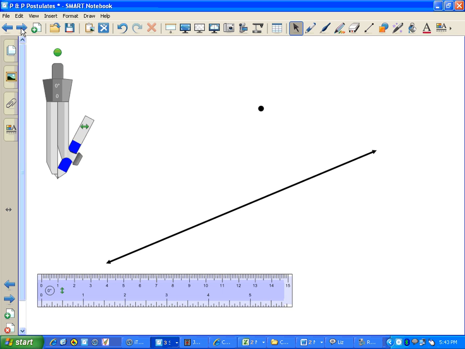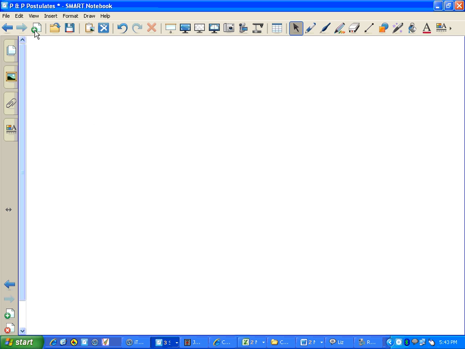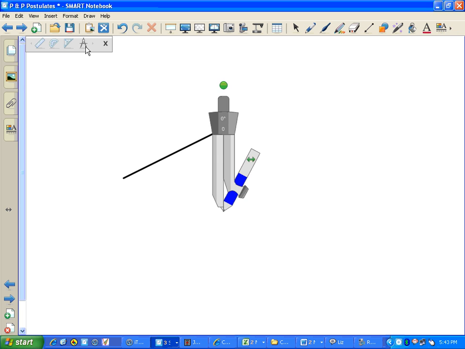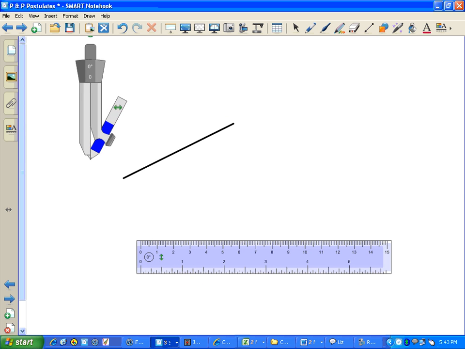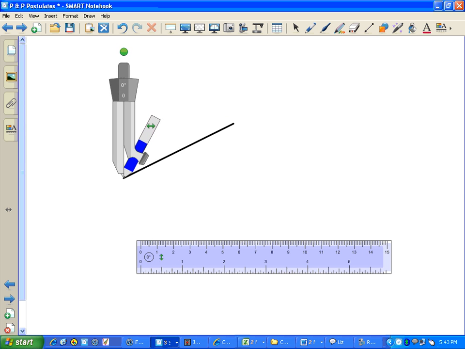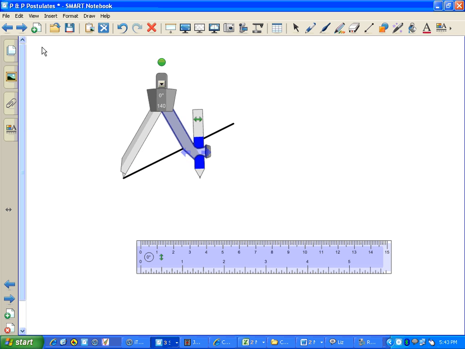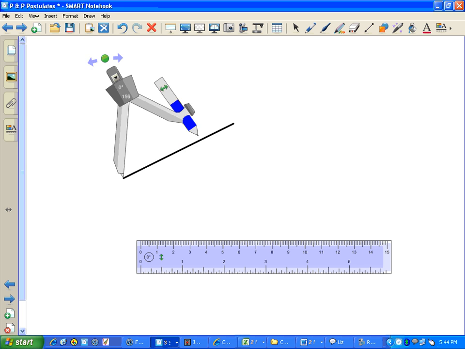So maybe I'll review that quick. In order to bisect a segment, if I've got my segment here, if you remember, I put it on the end point. I opened it up so that's more than halfway.